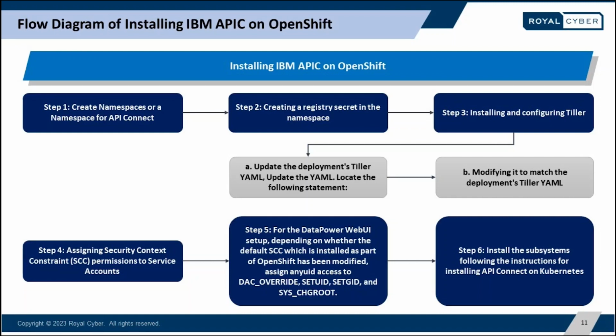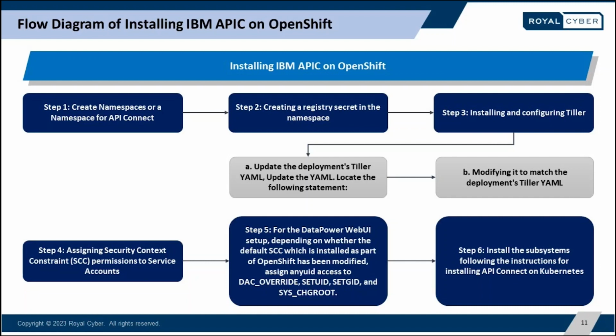These are the sub steps you need to perform to install and configure Tiller: you need to update the deployment for Tiller, and modify it to match the Tiller deployment YAML. The fourth step is assigning security context constraint permission to the service account, where we can assign permission to the service account. Keep in mind that the commands will vary based on your namespace configuration and permission levels.